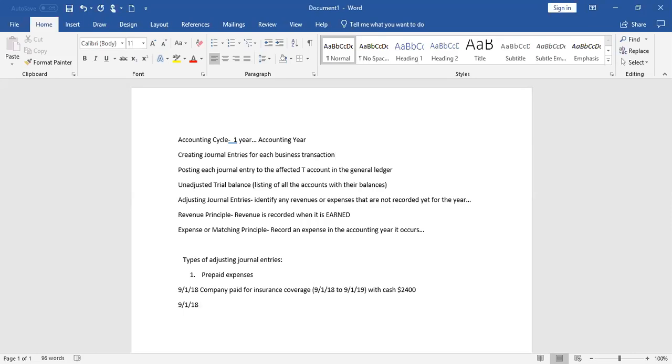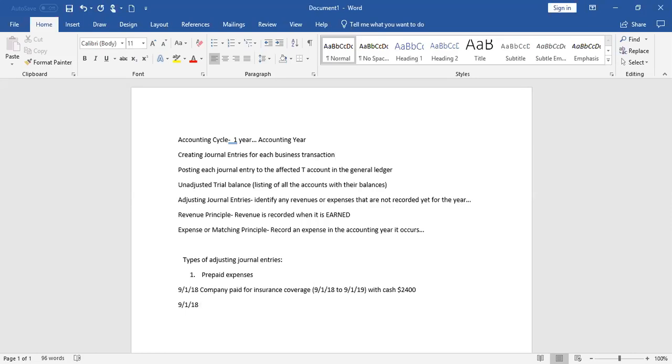And if you remember, insurance is an expense we always prepay. We pay for it before we receive any service. So according to the expense principle, you can't call something an expense until you receive the service, the coverage in this case.